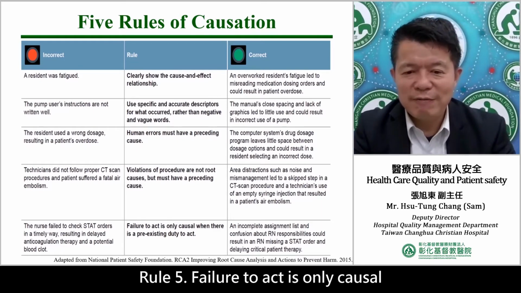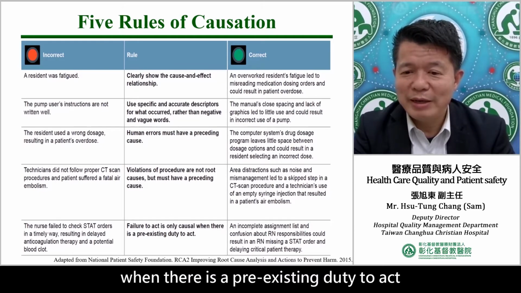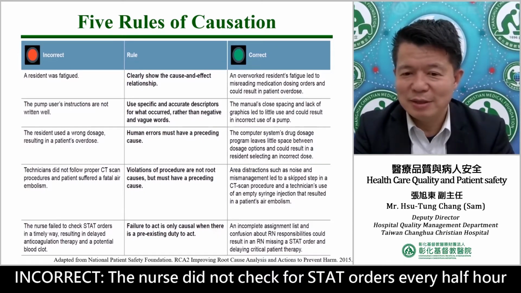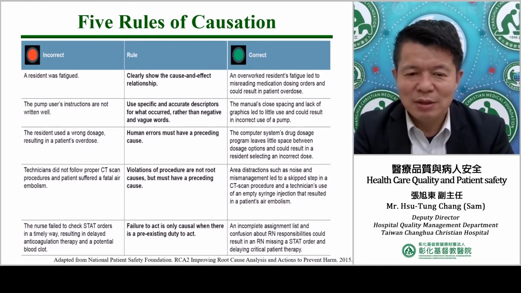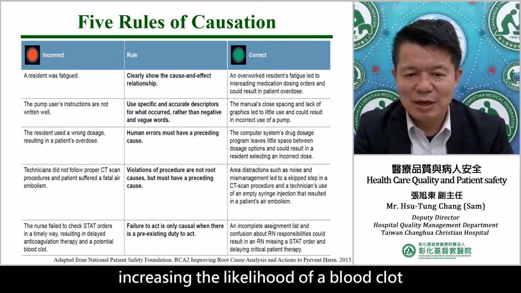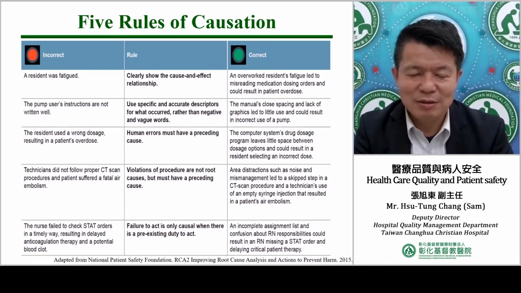Rule 5: failure to act is only causal when there is a pre-existing duty to act. Incorrect: the nurse did not check for stat orders every half hour, which led to a delay in the start of an anticoagulation therapy, increasing the likelihood of a blood clot.